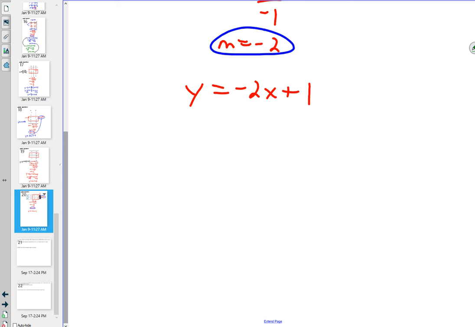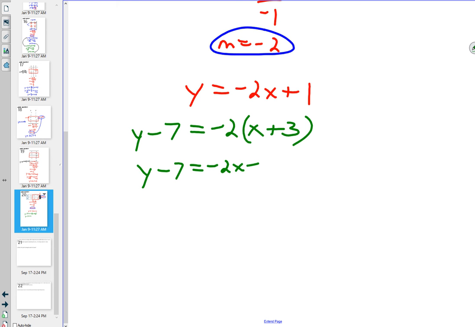If I use negative 3 and 7, it will be y minus 7 is equal to the negative 2 that I found, and then x plus 3. Y minus 7 is equal to negative 2x minus 6, plus 7. I still get the same thing, negative 2x plus 1.